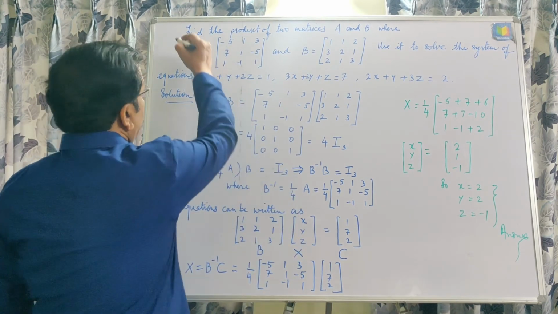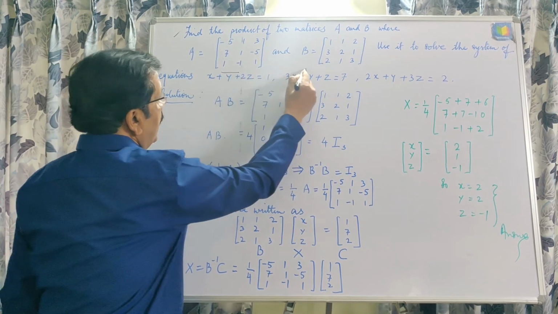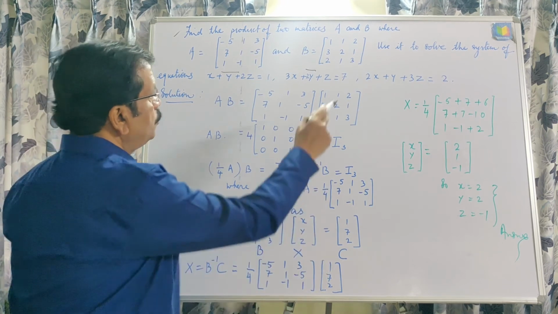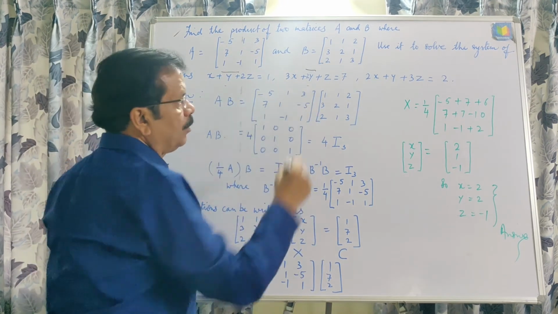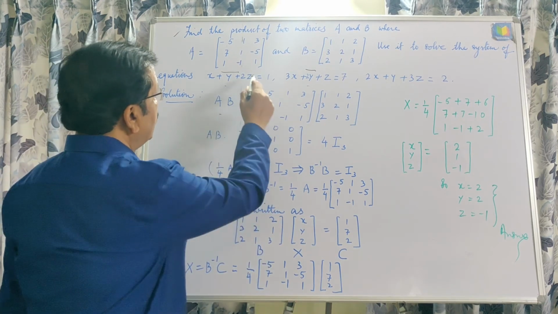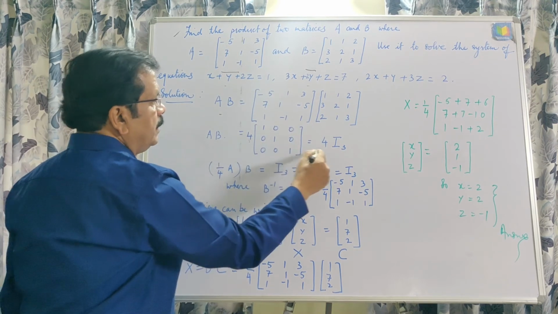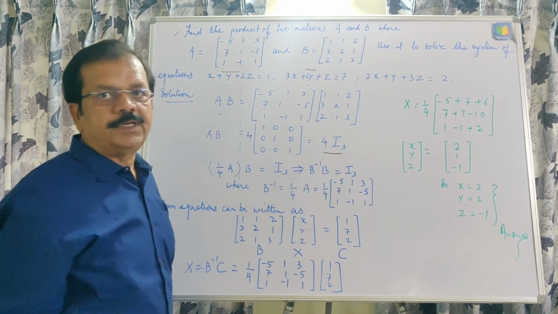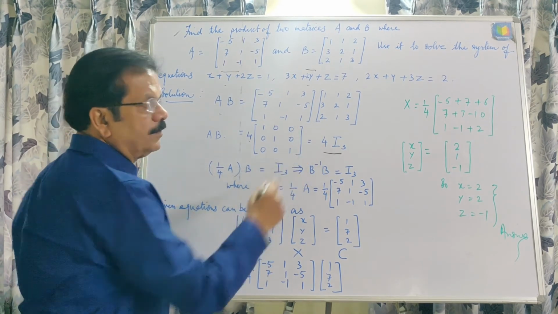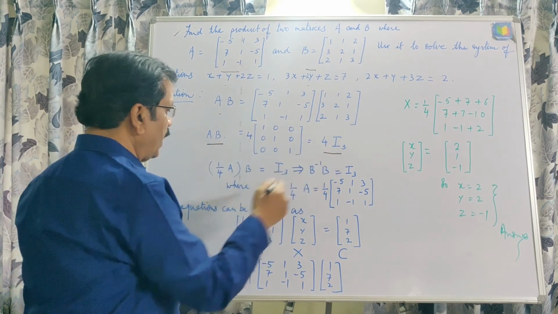Here for this question you are given matrices A and B, and you have to find the product AB and use it to solve this system of equations. Once we multiply AB, we can see this has come 4 into I3, means unit matrix of order 3, and that is why AB is coming 4I3.